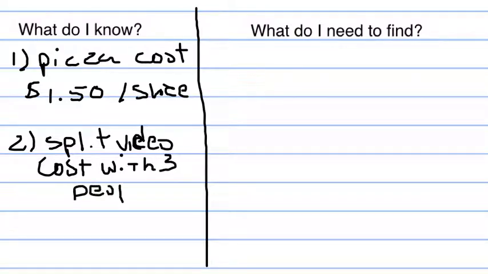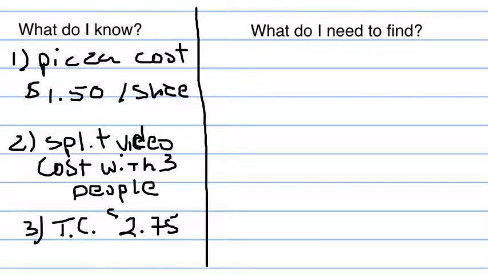And we know the total cost, and the total cost is $2.75. What do they want us to find? Well, they want us to find the cost of the video.